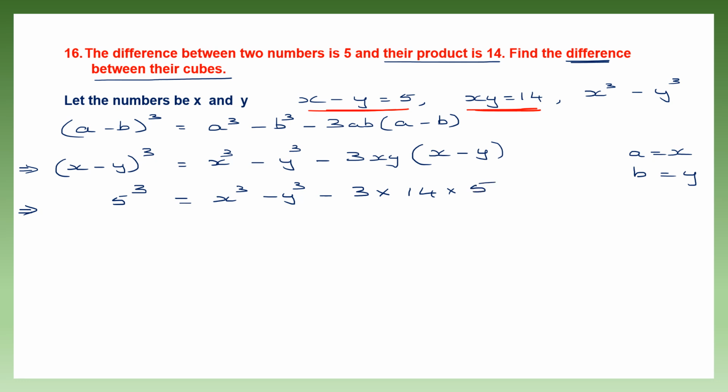So let's simplify all this. So 5 cubed means 125 is equal to x cubed minus y cubed minus, now we have to multiply 3 into 14 into 5, which is equal to 210. So now we will rewrite this as x cubed minus y cubed minus 210 is equal to 125.